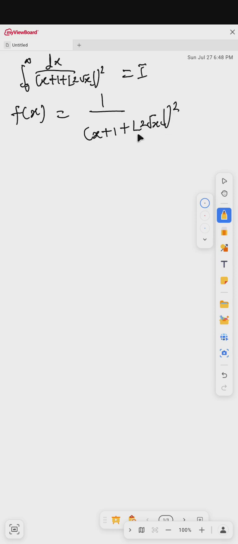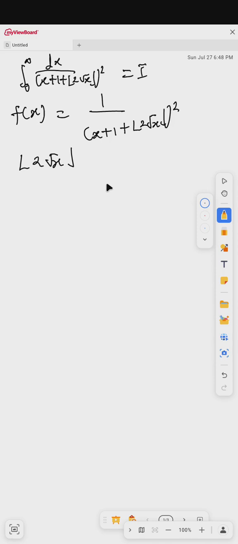So that's the first thing to do. We have to understand the nature of this function. You can see we have the floor function here, the floor function of 2 root x. This floor function introduces piecewise behavior.